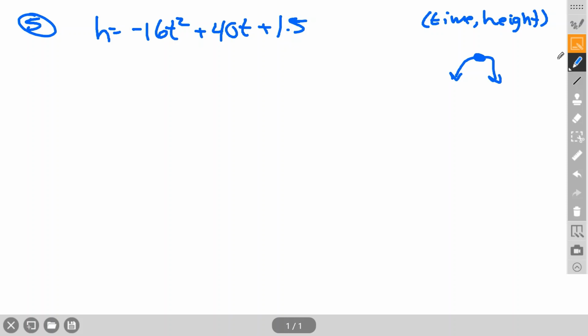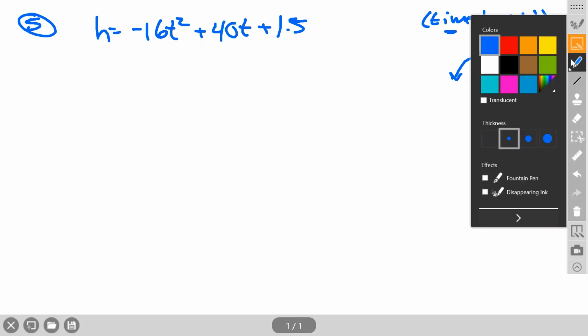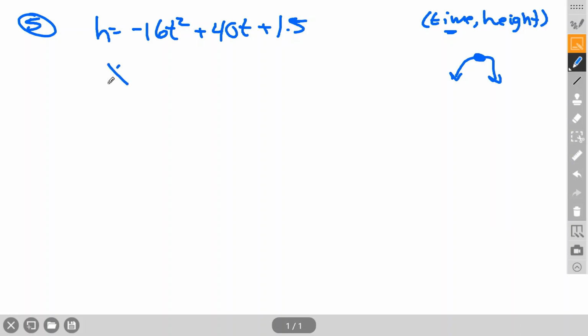So first, number 5, how long will it take the ball to reach that point? I'm looking for the x-coordinate of the vertex, which means that I'm using the formula negative b over 2a, because this is a standard form equation. So negative 40 over negative 32, and that's 1.25 seconds.